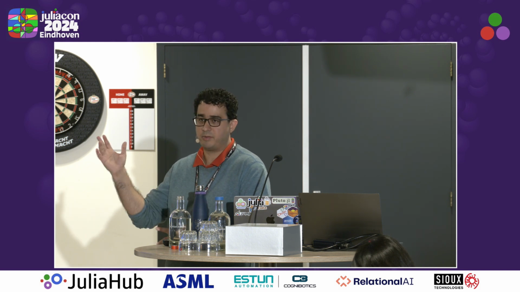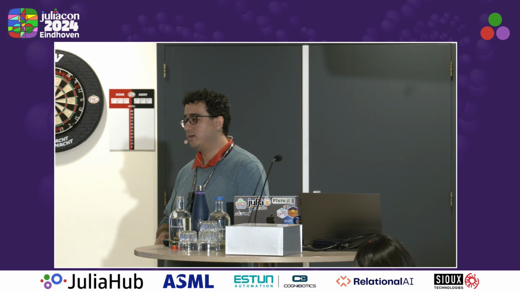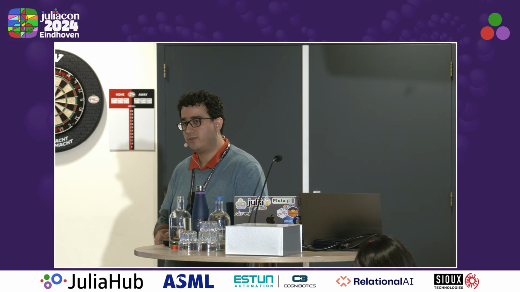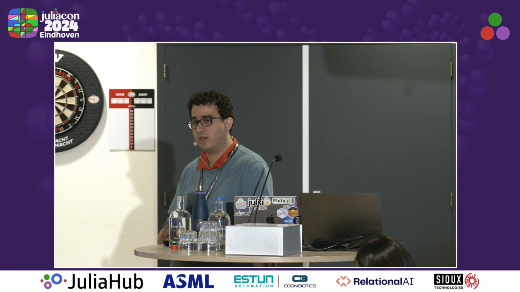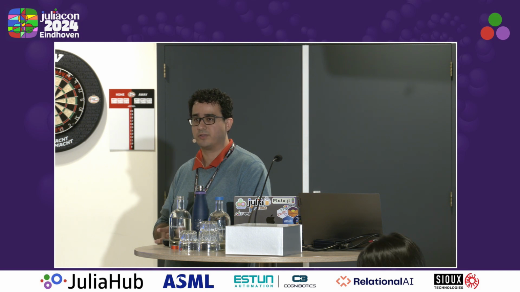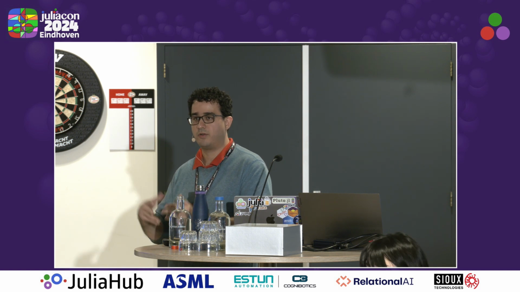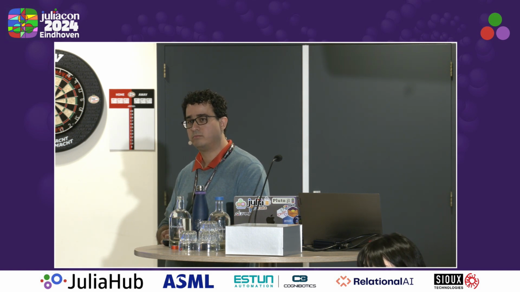ADNLPModels being the thing that computes the automatic differentiation. I think right now we are using a package by Guillaume, which is sparse connectivity something. I don't remember the name, but it's doing the AD like that. But for instance, we had some investigation with Zygote at some point. So there is some intersection. So I imagine it shouldn't be too hard to connect the two of them. Okay, thank you.